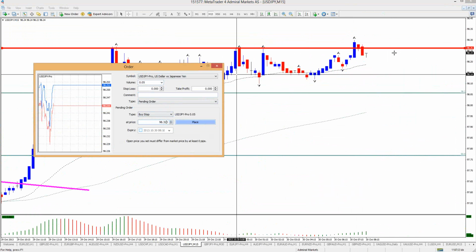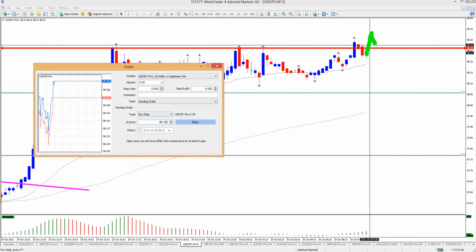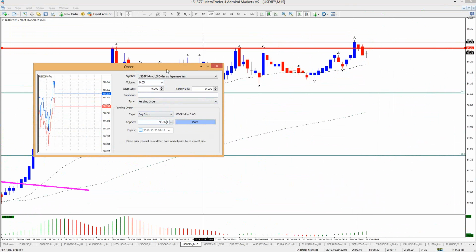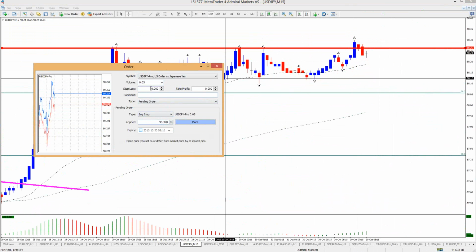Now, the entry order directly above the fractal is only one way of doing that, but not the only one, because one could even wait for a break and maybe a hook back and then continue, and try to trade the pullback instead. So for the moment, I'm going to aim for 98.90.